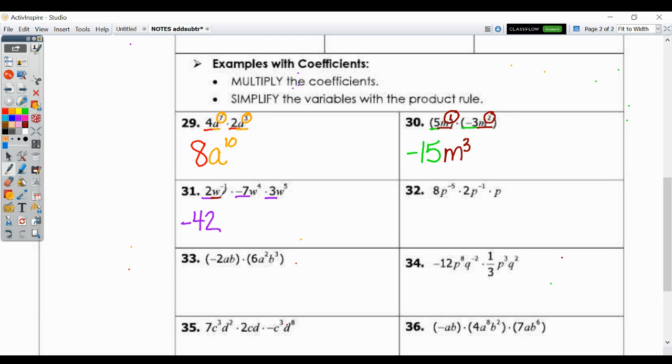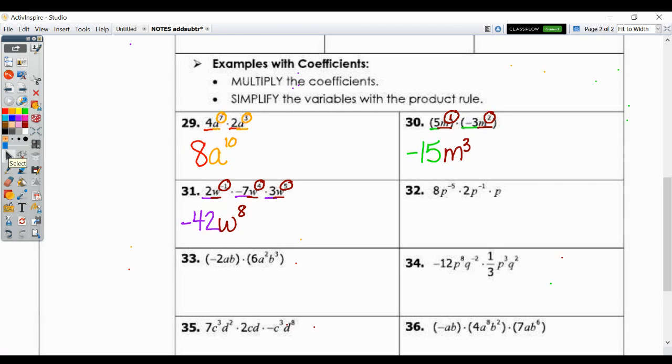I have w to the negative 1, w to the negative 4, w to the negative 5. So I know I'm going to have a w, and then now I need to add my exponents. Negative 1 plus 4 is 3, plus 5 is 8. So my final answer would be negative 42, w to the 8.